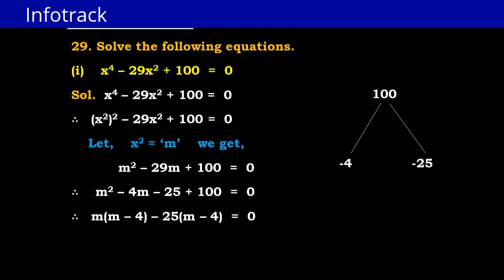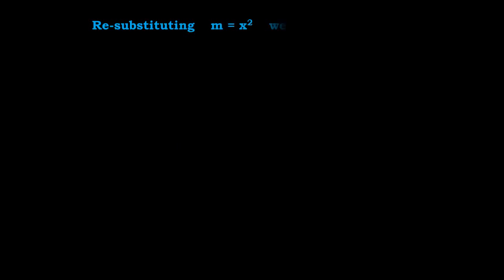That means m minus 4 is equals to 0 or m minus 25 is equals to 0. Therefore m is equals to 4 or m is equals to 25. Resubstituting m is equals to x square, we get x square is equals to 4 or x square is equals to 25.